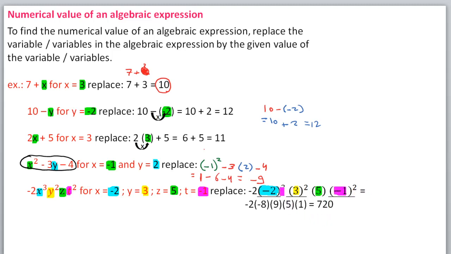Okay, and calculate all those together. You'll get minus 2 times minus 8. Why? Since minus 2 cubed is minus 8. 3 squared is 9. 5. 1. So it's equal 720. You could use your calculator to get the answer 720 here.